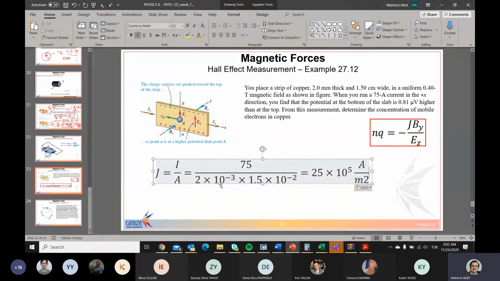Okay. So that's the current density. That's how you do it.